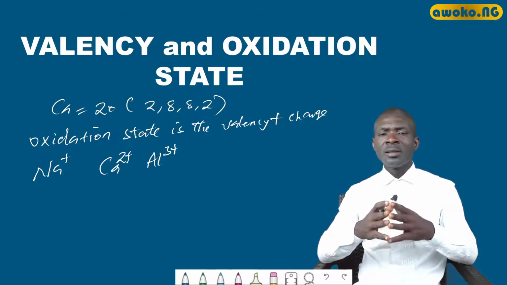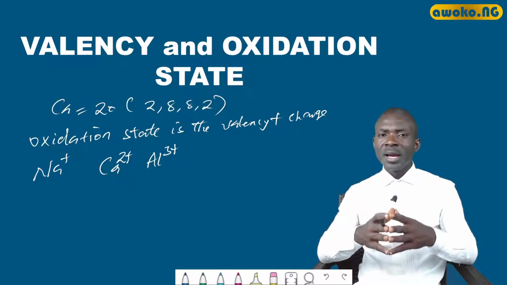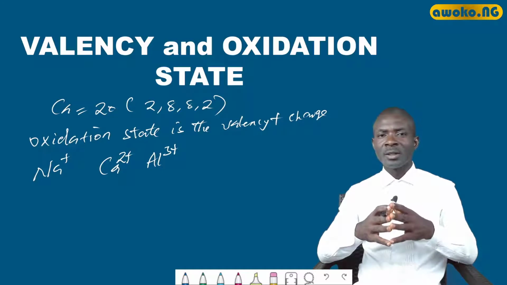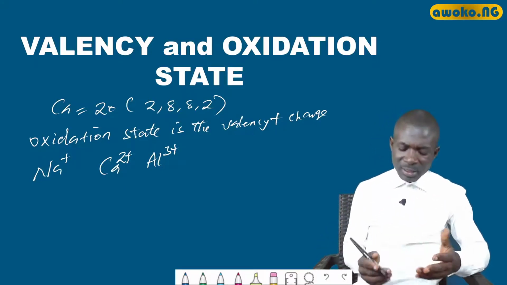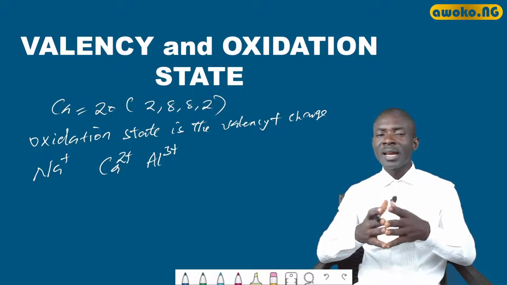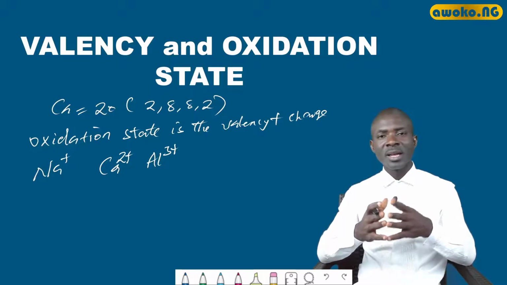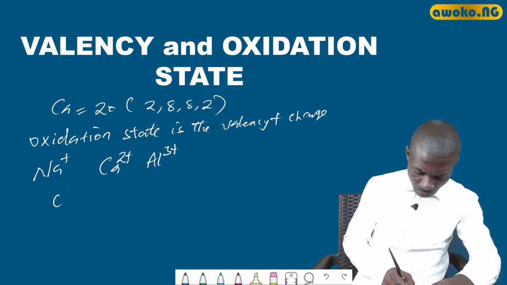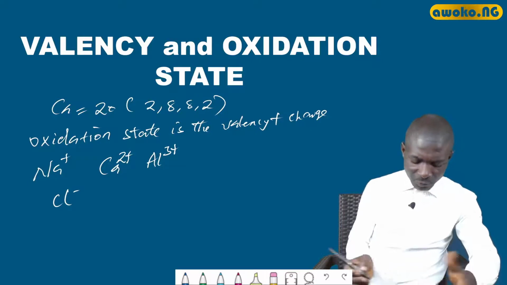Now, in the case of non-metals, where they accept electrons, they have negative valency. So we can simply say the valency or the oxidation state of non-metals or the anions is simply negative. So we have anions such as chlorine with negative valency.